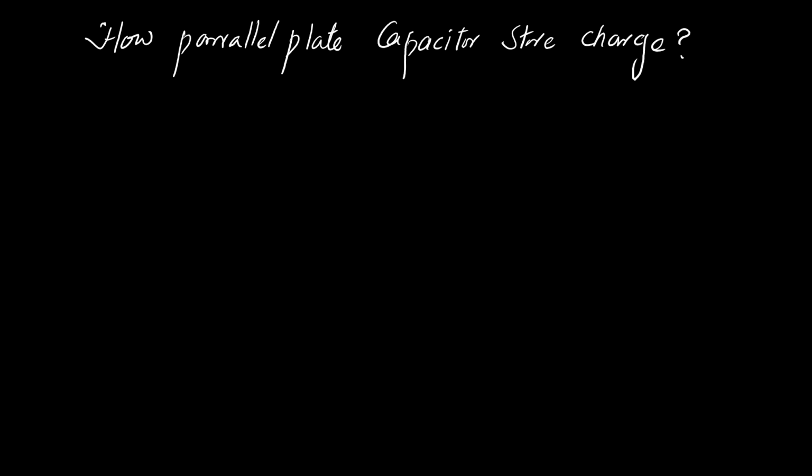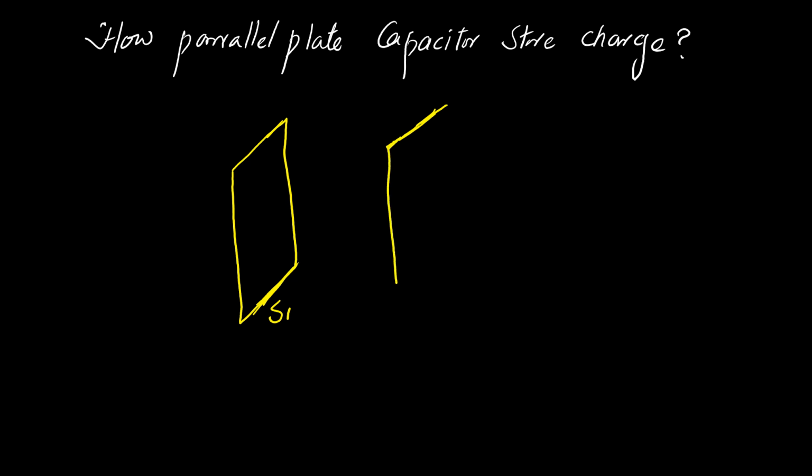Since you know that a parallel plate capacitor consists of two plates placed parallel to each other. Suppose that this is plate S1. The area of the plates in a parallel plate capacitor is the same, so the dimensions of the parallel plates will be the same. Suppose that this is the conducting plate S2 of the parallel plate capacitor.